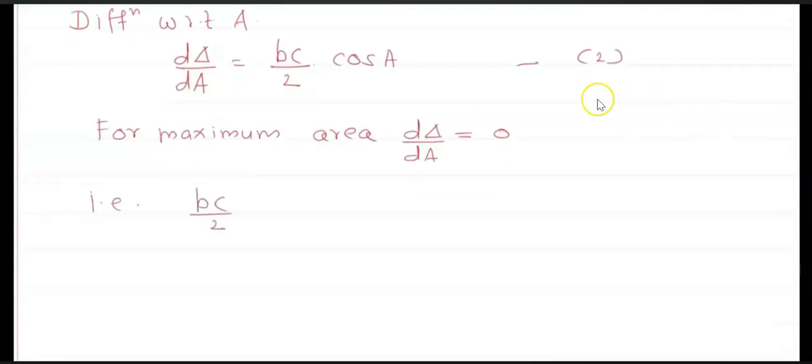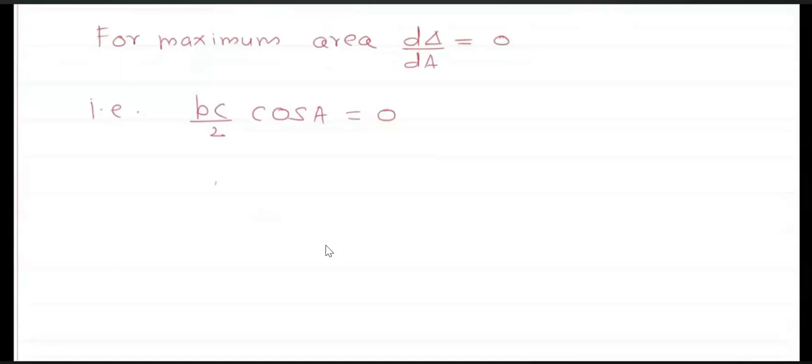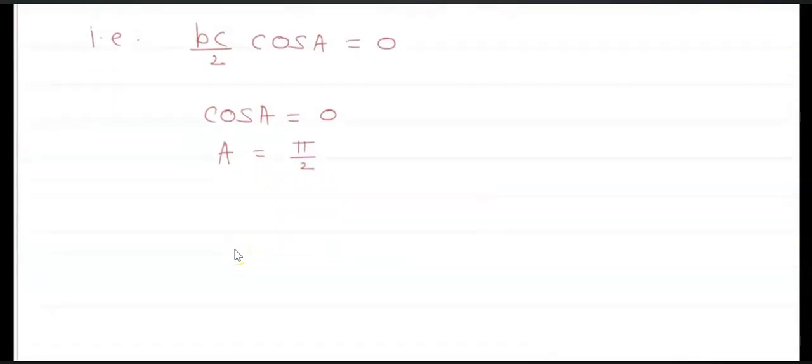And here BC upon 2 into cos A is equals to 0. It means that since BC is not 0, cos A is equals to 0, so A is equals to pi by 2.